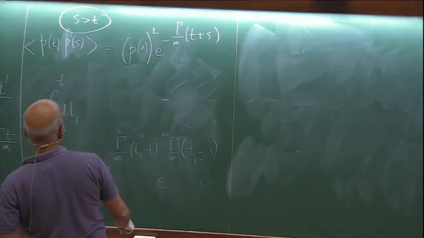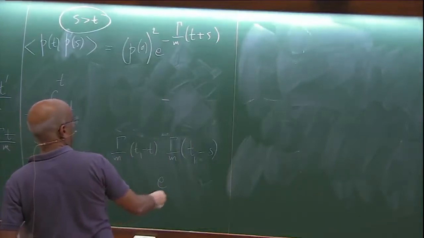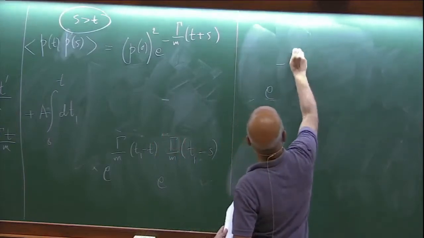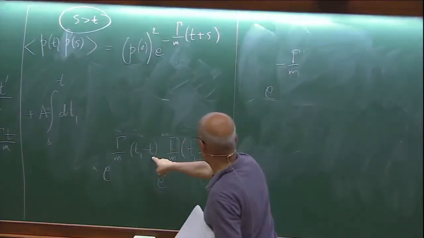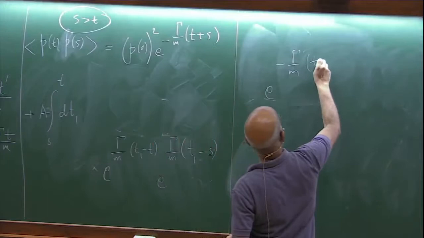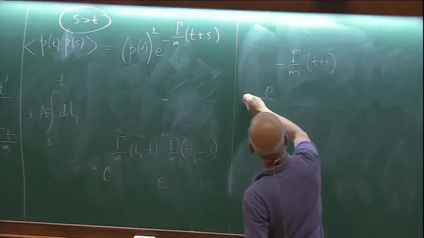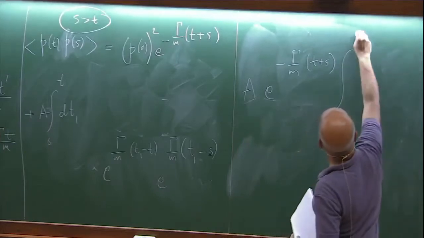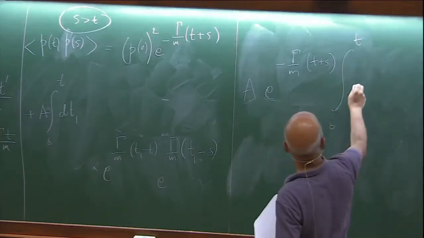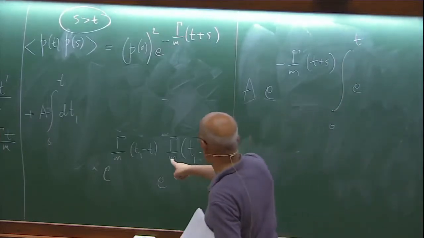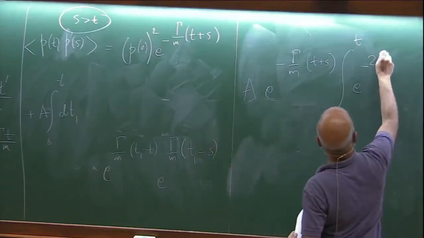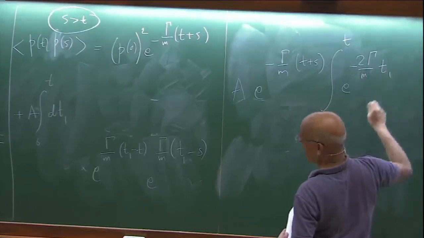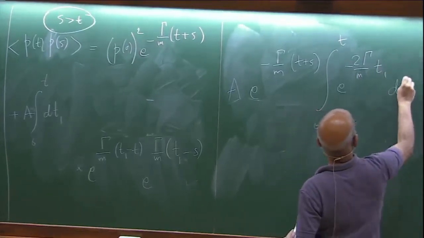This guy, right? And so then I have e to the minus gamma over m, t plus s outside, times a, times the integral from 0 to t of e to the minus twice gamma over m t1 dt1.